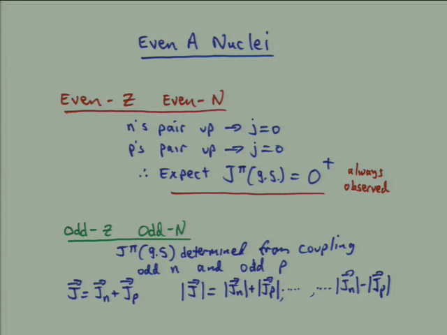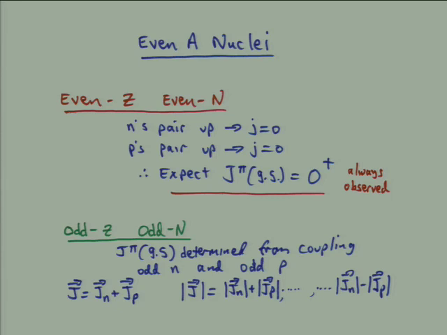When I put that second one in, it will go into the minus 3 halves, so that those 2 neutrons add up to spin 0, so that the nucleus, which has 2 neutrons in that p3 halves orbital, still has total spin 0. Okay? And that'll happen every time I add pairs of neutrons. And the same thing will be true for protons. And as a result, what I expect then for even-even nuclei, that is nuclei that have even numbers of neutrons and even numbers of protons, is that the ground state spin and parity will always be 0 plus.